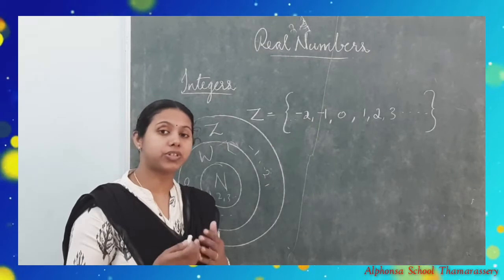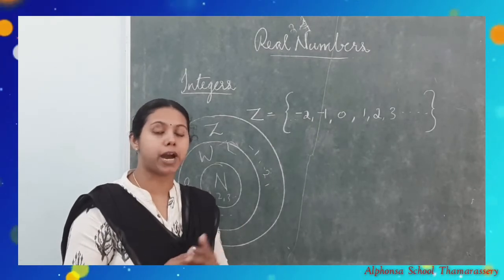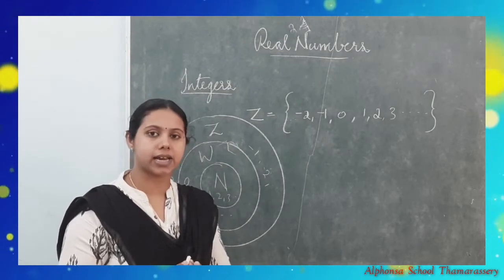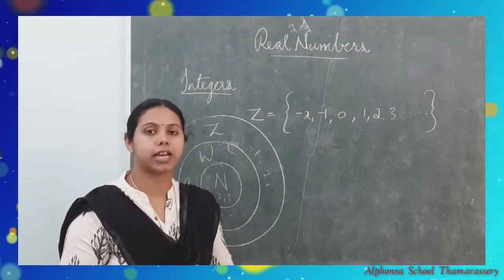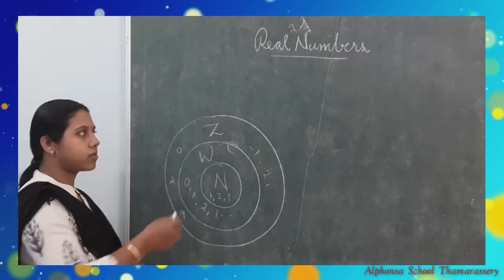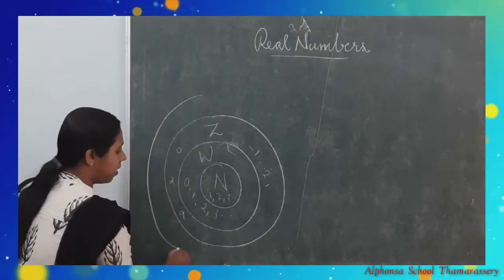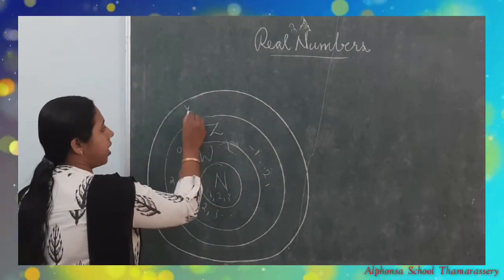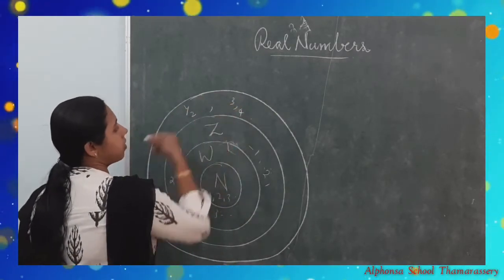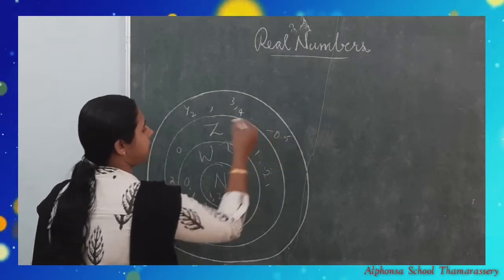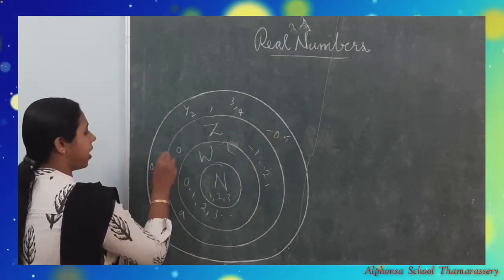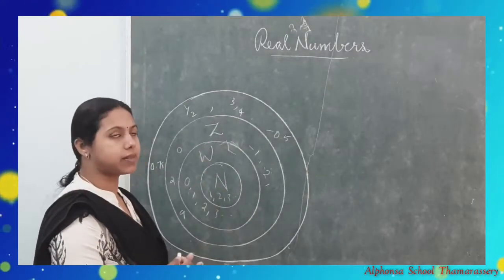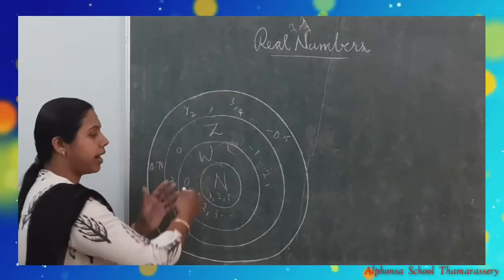The numbers which can be written in the form of P by Q are called rational numbers. In the earlier class, 8th standard, we studied rational numbers. The numbers included in this group are 1 by 2, 3 by 4, minus 0.5, 0.75, etc. That means fractions and decimals are all included in this group.